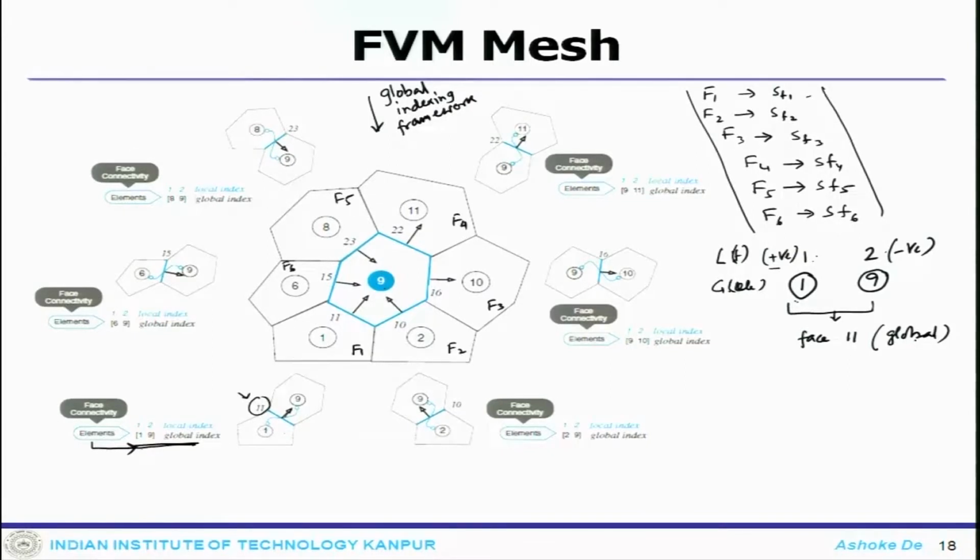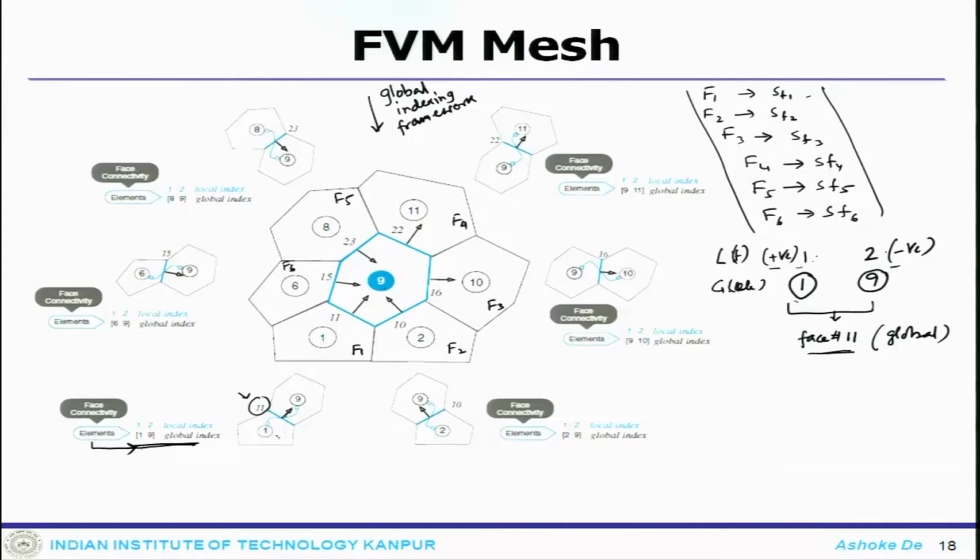When you go into the programming and look at the data structure, it finds that global indexing. As soon as it finds the global indexing of this face, face number 11, it will fetch that information from the data structure. Face number 11 is connected with element number 1 and element number 9, and immediately it also picks up the local face numbering, 1 or 2.